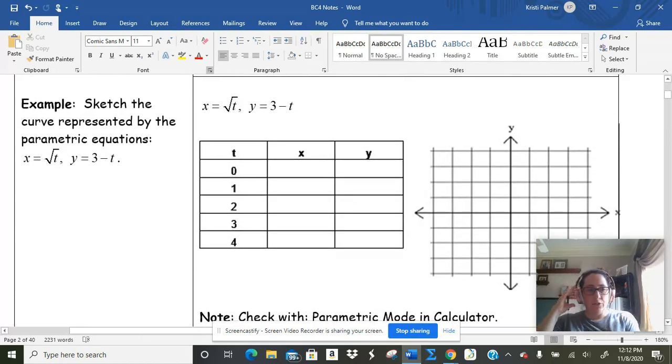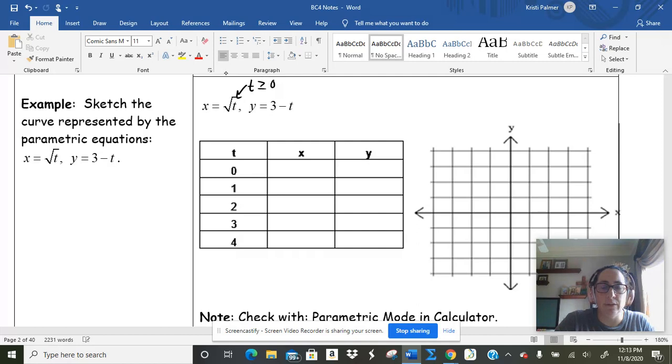Whenever we're sketching parametric equations, we always want to have arrows, because the newer piece is that we have that orientation. So let's go ahead and start. Here I can see if I look at this x, with that t, the t has to be greater than or equal to 0. So I know that my x is going to have to also be greater than or equal to 0.